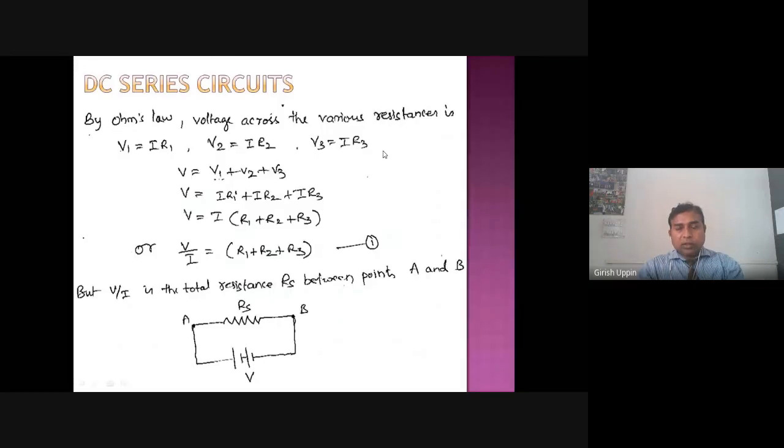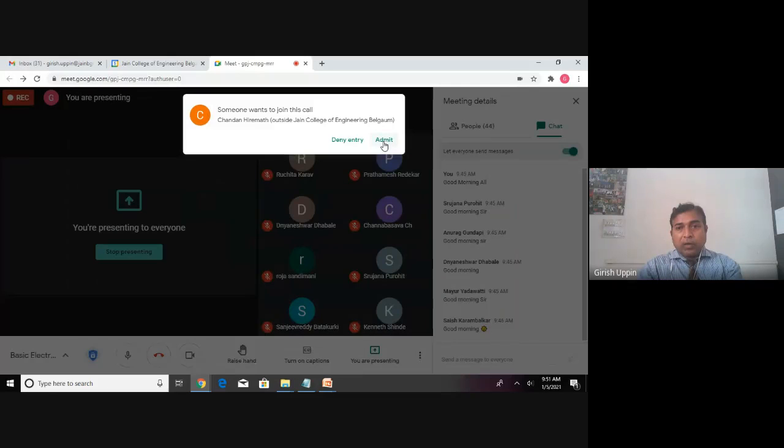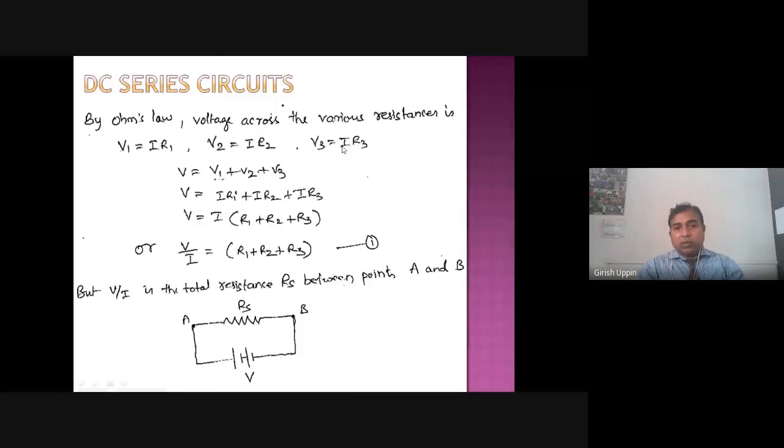And what is Ohm's law? If we apply it for resistor 1, V1 is equal to IR1, V2 is equal to IR2, and V3 is equal to IR3. Notice I is the same, and we know V is equal to V1 plus V2 plus V3. So if you replace with these values, finally we get V is equal to I into R1 plus R2 plus R3.